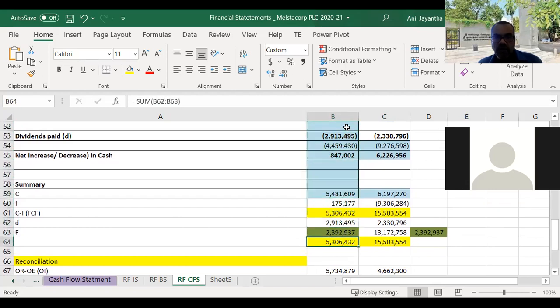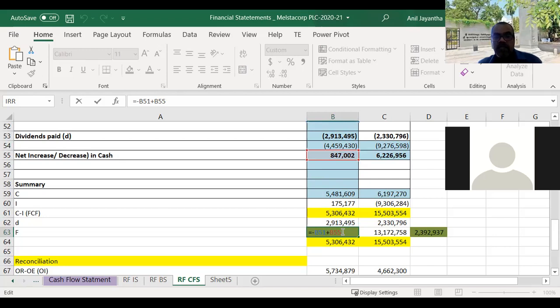Straight away from the cash flow statement. And this is B minus B55. Yes. After adjusting net increase in cash, because that has to be taken into account.